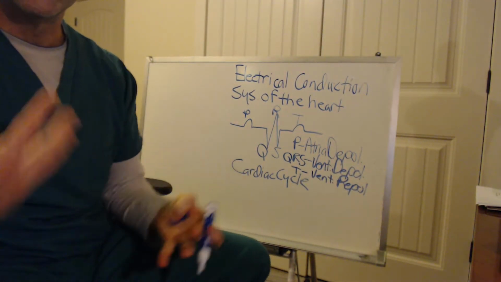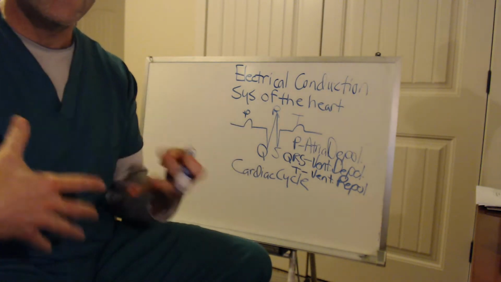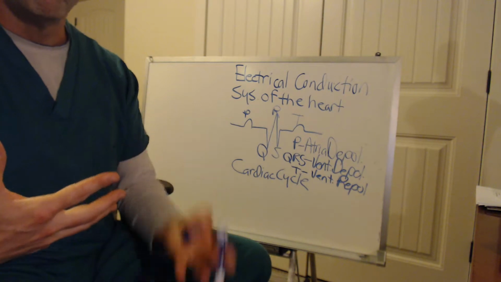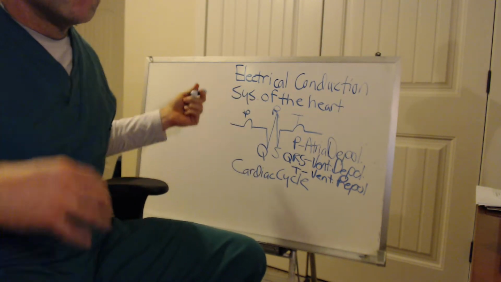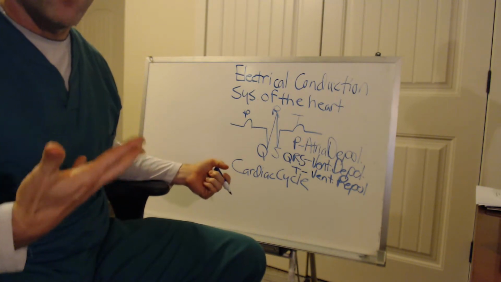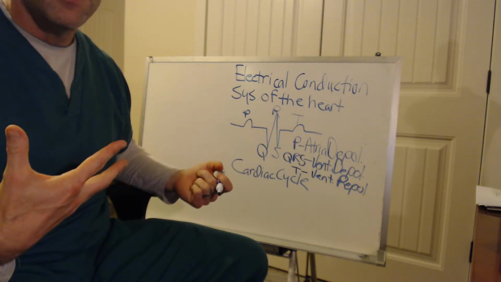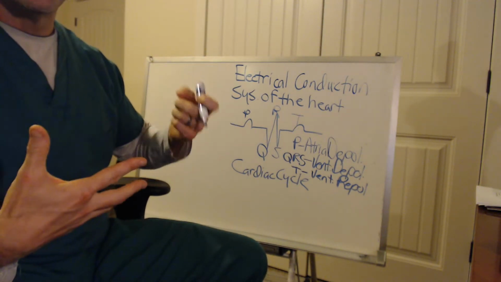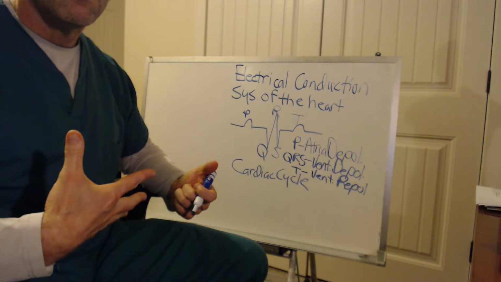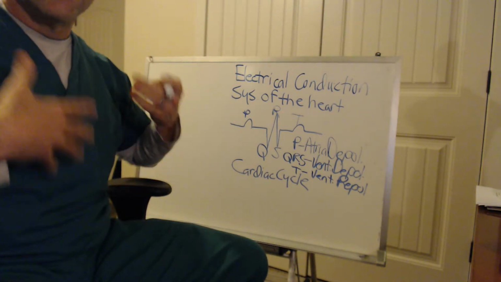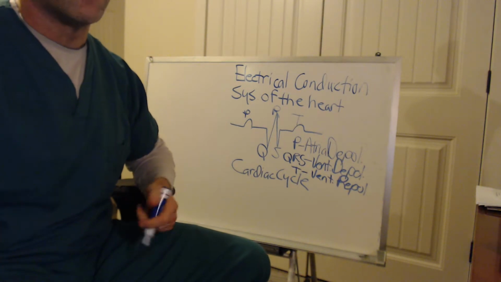That means they're resetting and they are now able to take in a period of rest and allow the cycle to start itself over with the right atrium filling with blood and getting ready to have the left atrium fill with blood as well and push deoxygenated blood out and then oxygenated blood out of the left side of the heart.